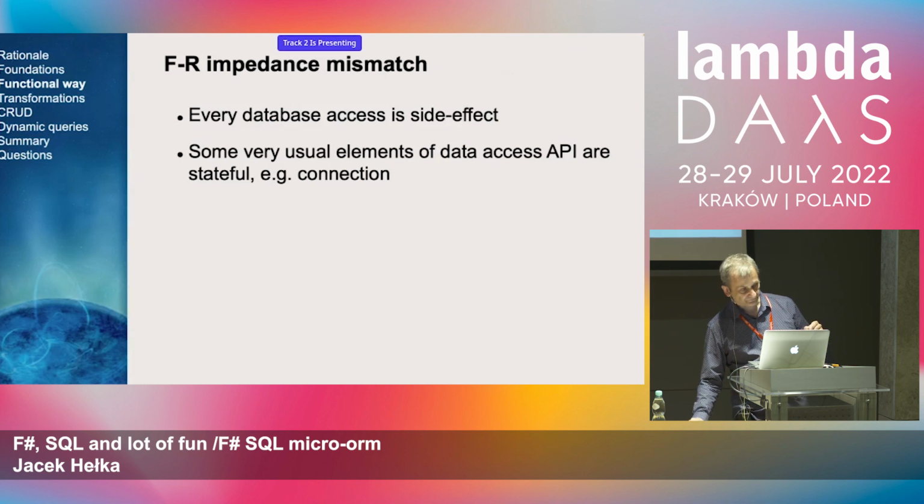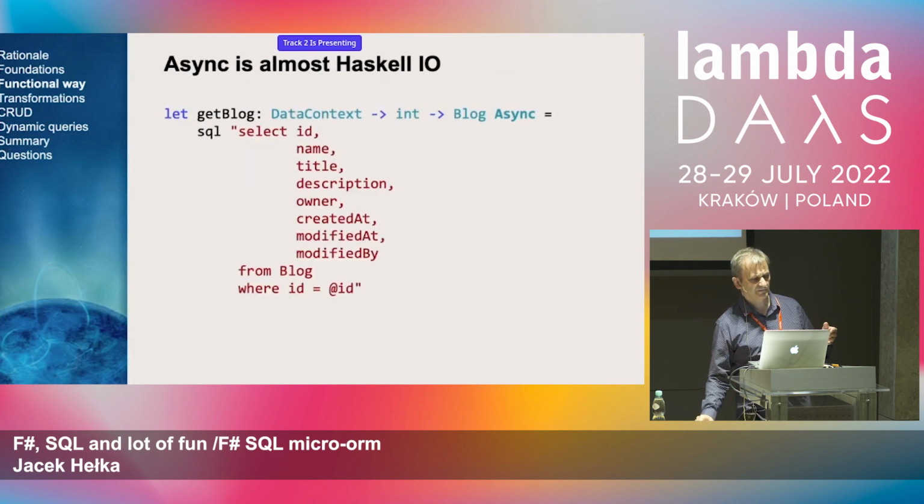Actually, I knew that the problem of side effects was solved in functional programming years ago, and it was easy to find a solution. Haskell has I/O. Everything that causes side effects has to be wrapped in the I/O monad. We have some equivalent in F#.